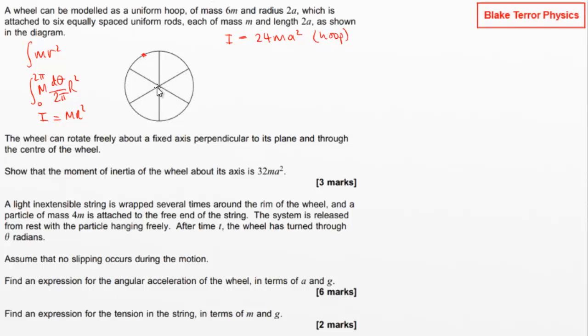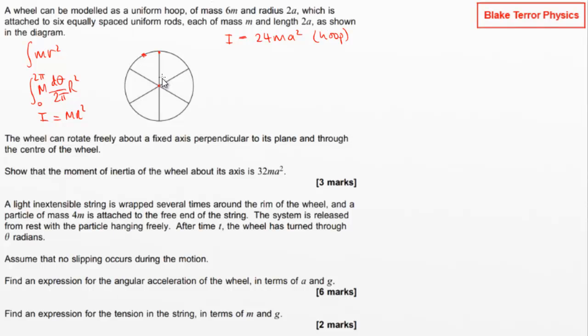Now we've got 6 of these individual spokes. If we get the moment of inertia for one of these spokes, we can just do that 6 times over and add them all up, because we can just add all of these moments of inertia together.